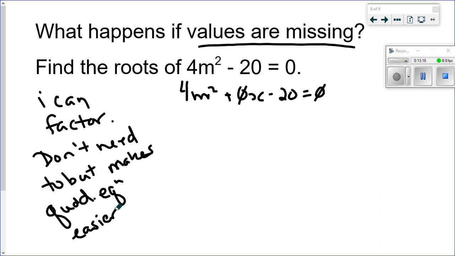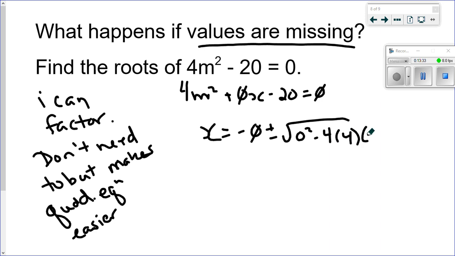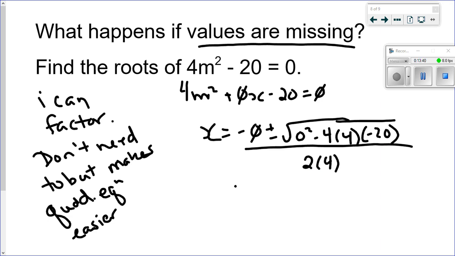Okay, so I'm going to choose to not factor just because I'm being difficult, but you can, and it'll make the quadratic equation easier. What is that? 80, 320.